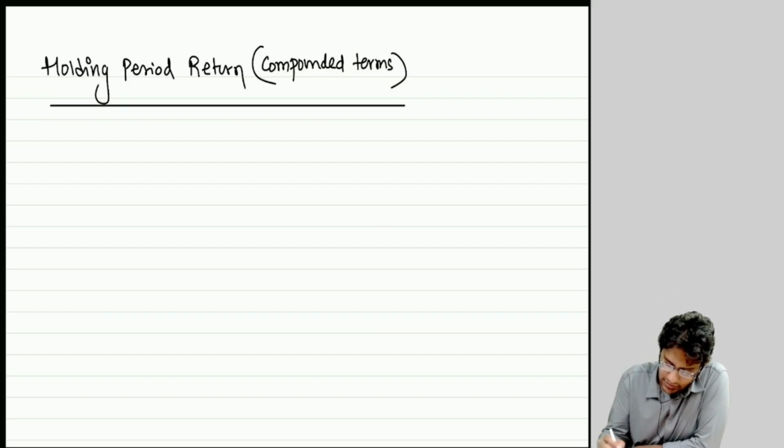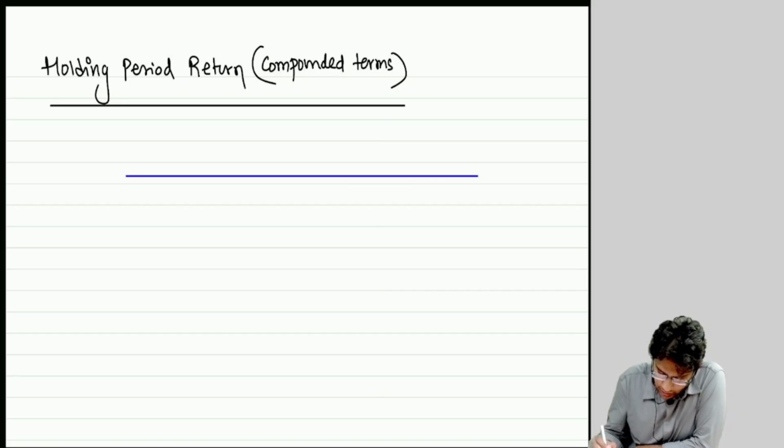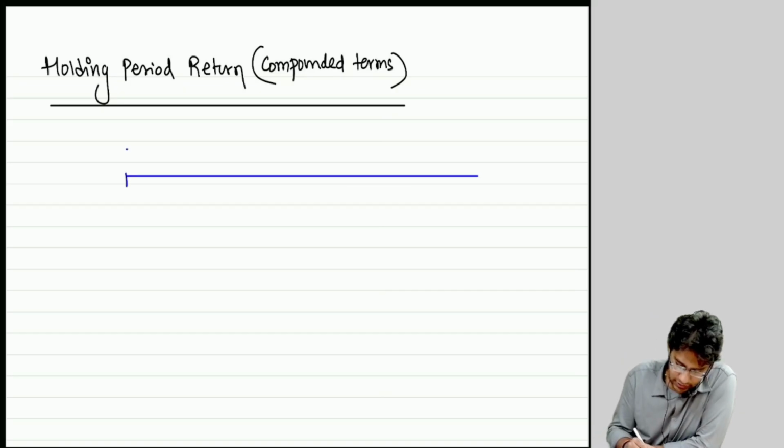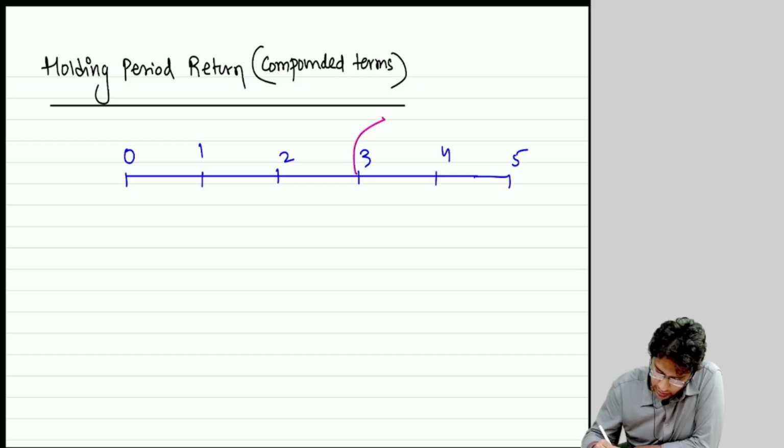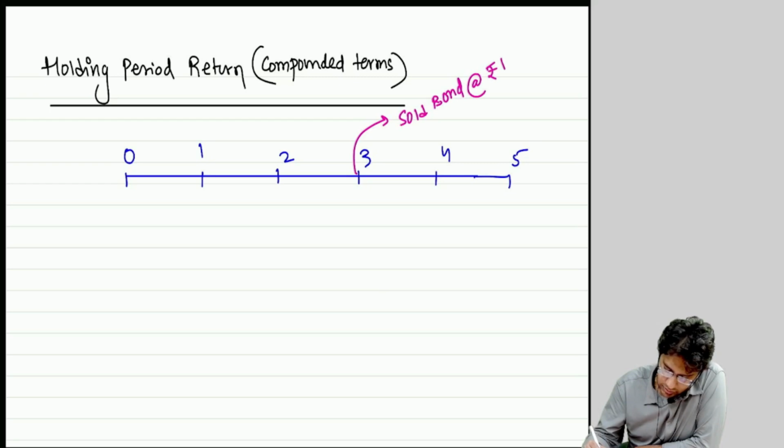Okay, now I will give you some numbers. You help me how to work it out. You need not actually work it out, but if you tell me how to work it out, that's more than sufficient. 1, 2, 3, 4, 5. This is a 5-year bond. Our boy sold the bond here at 1050.